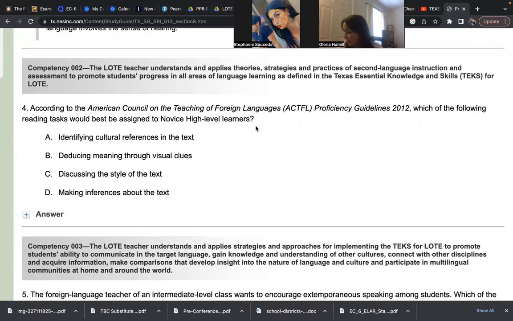Oh, you have it. Yeah, I had printed it, and I was trying to make notes on it. For novice, I just put simple conversations, ask, respond, minimal phrases, lists, simple questions. Right.